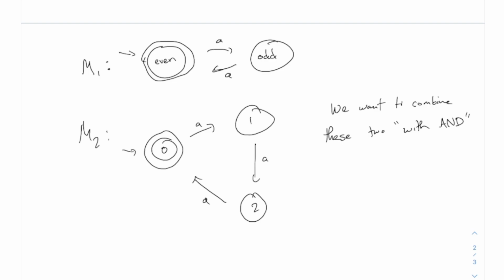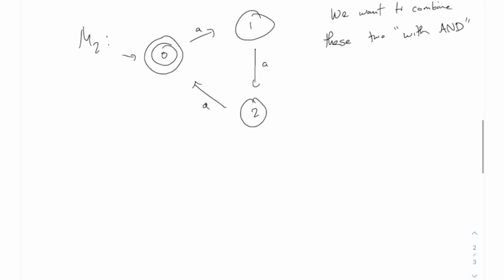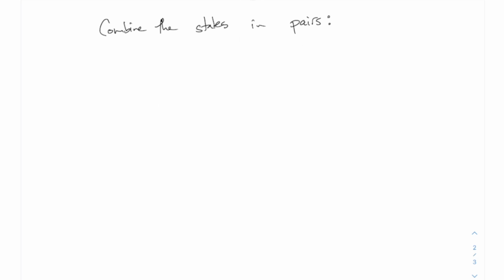And the way to do this is we combine the states in pairs. So I'm going to make a new machine, which is going to be bigger, quite a lot bigger actually, where each state of the new machine is a pair of states from the original machines. So my original machine had even and odd, and my second one had 0, 1, 2, right?